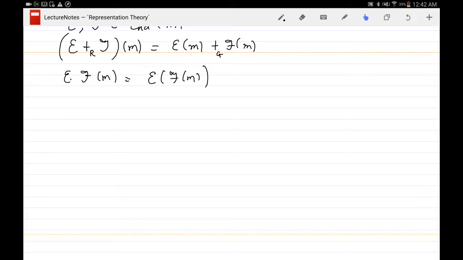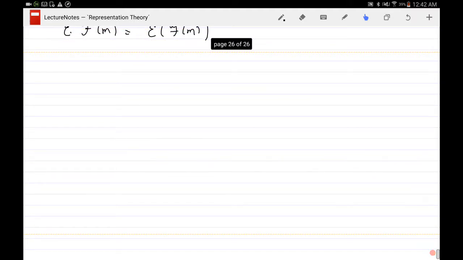Now we can define an A module, where A stands for algebra. Again, I'll be quite anal about some notation, because it will help a lot to be careful what we're talking about. So A will stand for the algebra.